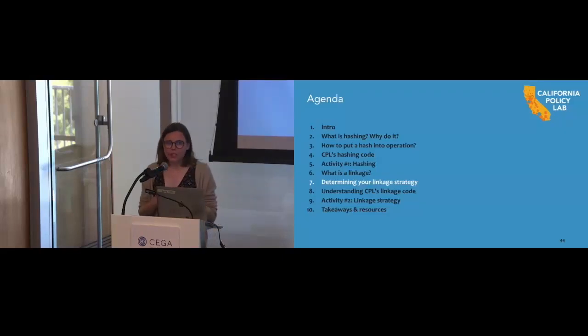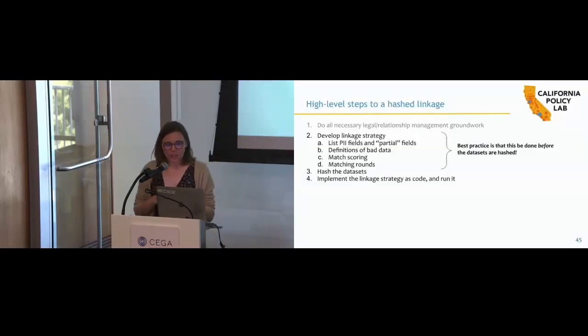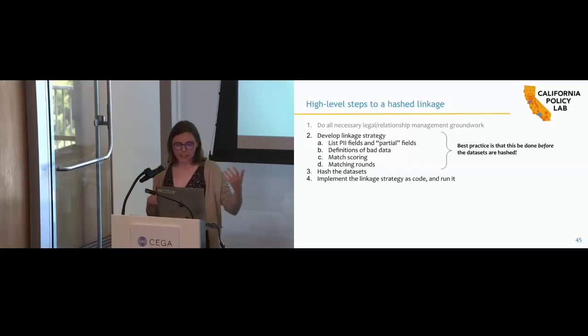And now we'll go into just some things to be thinking about as you're determining your own linkage strategy. So as Karla mentioned, we first start by doing all of the legal relationship management groundwork, very important. And then when you start to actually develop your linkage strategy, you'll first want to think about what fields are actually available, the definitions of what is considered bad or invalid data, and then go into your match scoring and matching rounds.